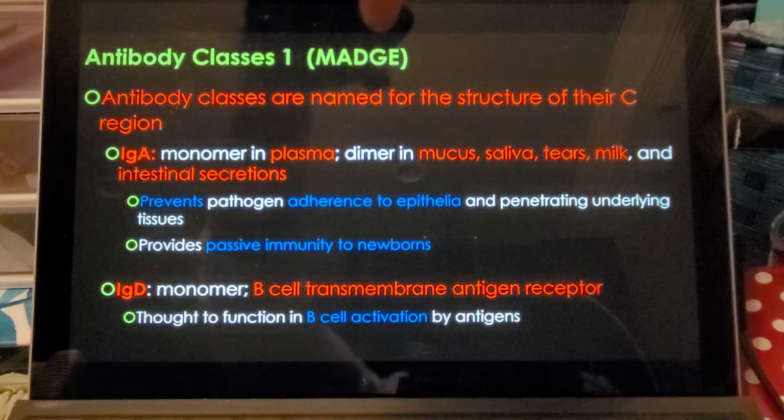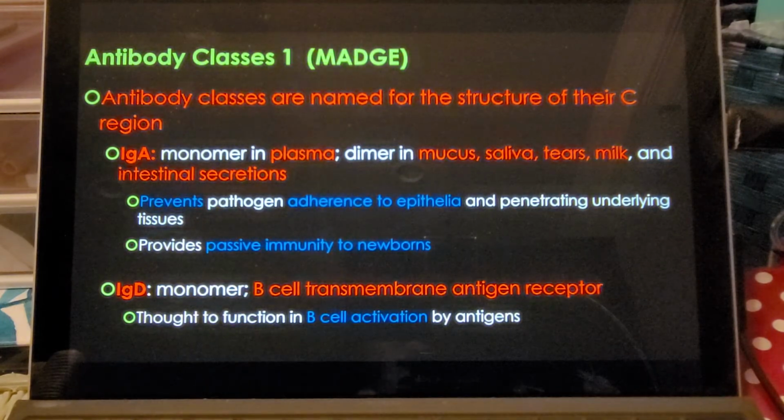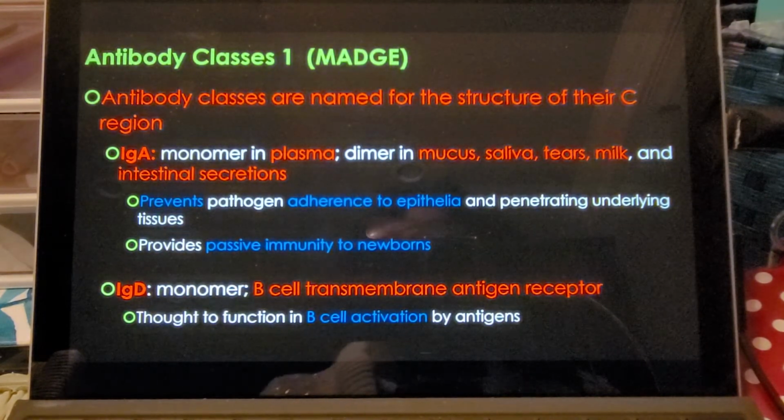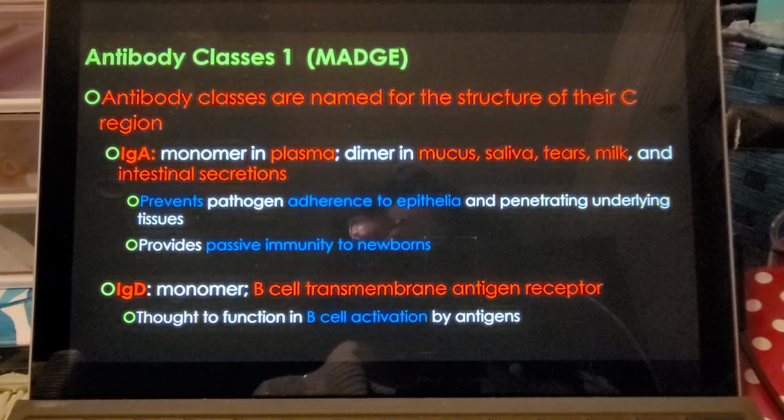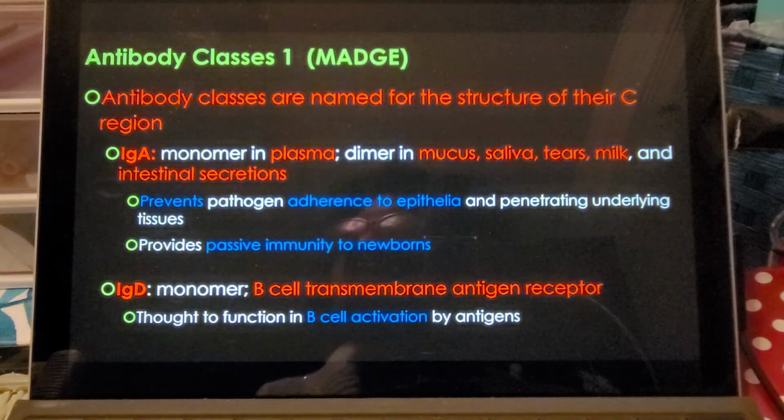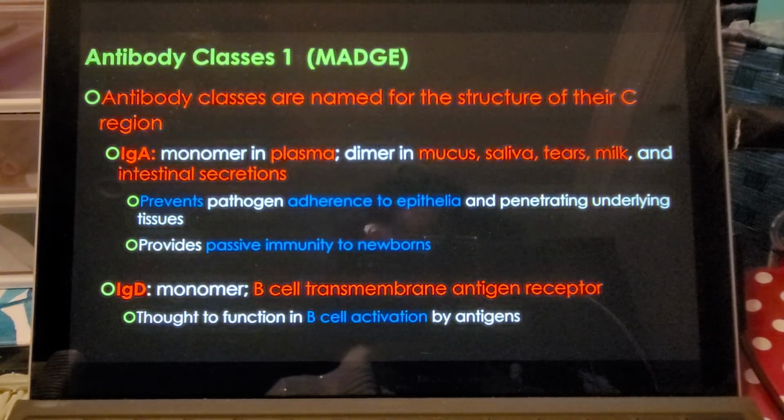This is what I was talking about earlier, the different types of antibodies. Again, the difference between them is the part where it actually binds and does its job. It's that region that is different that causes the different classes, and each has its own different response in your immune system.